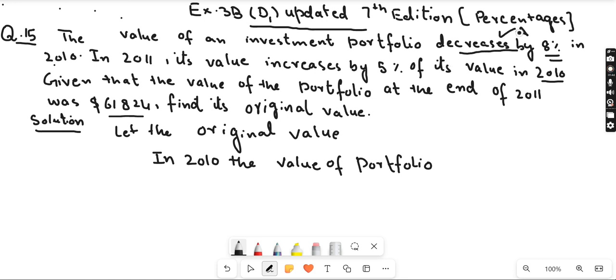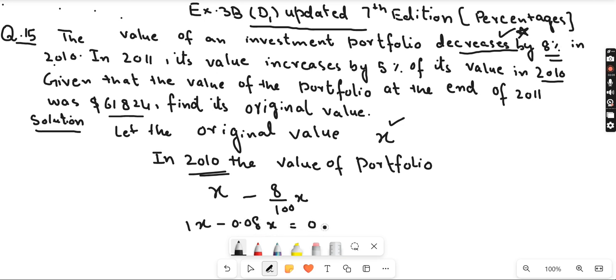So you'll use this concept first. Whatever the original value, let the original value be X, and there is a decrease of 8% in this value in 2010. So it becomes 1x minus 0.08x, and your final answer comes 0.92x. You can do it manually.